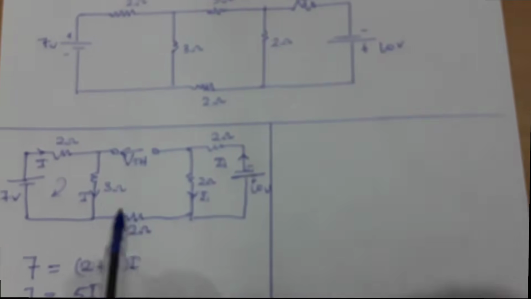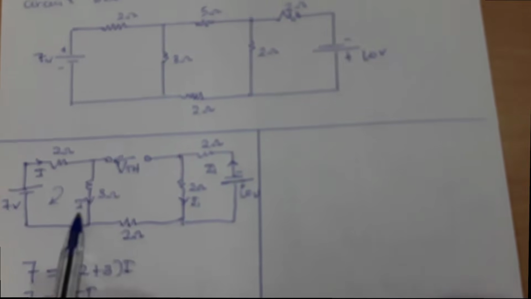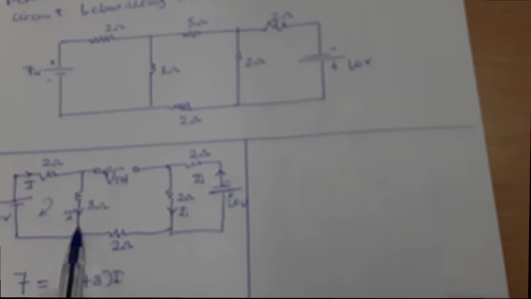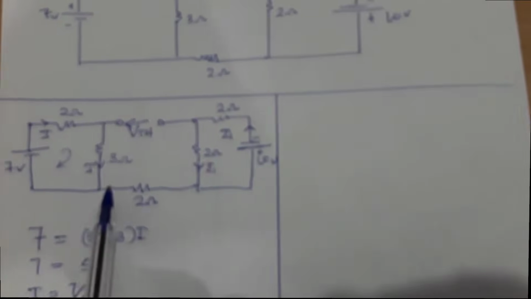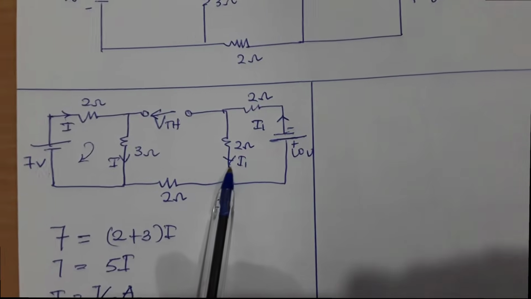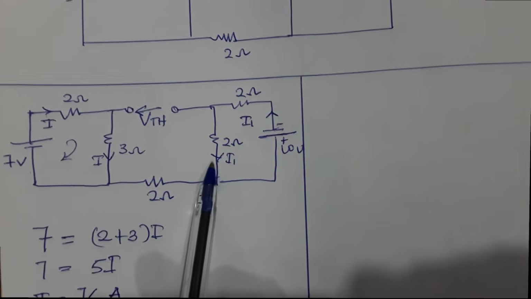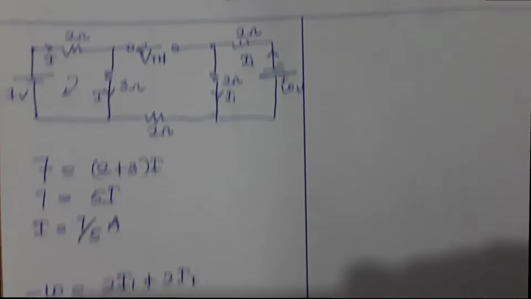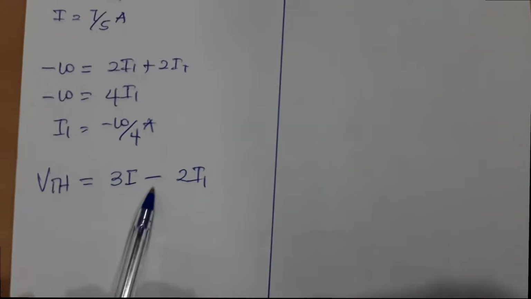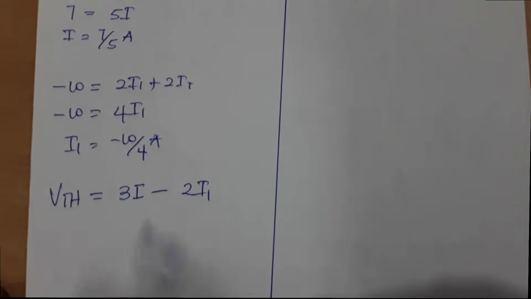Why? Because we are going this direction, okay, and this I is in the same direction as ours, and this is moving in the negative direction of ours. That is why we have minus 2I1 here.